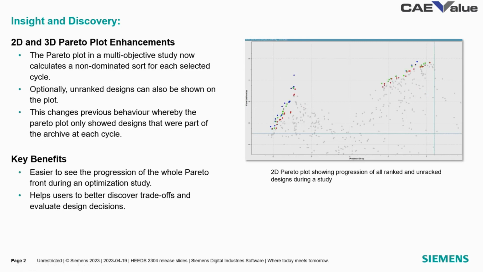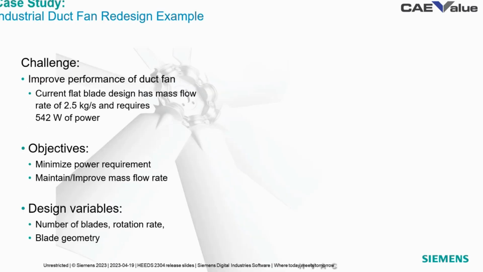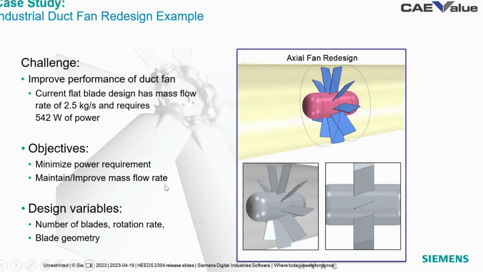All right, now I will show you an example of an actual fan redesign. We have 2 competing objectives. One is to minimize the power requirement. The other one is to improve the mass flow rate.